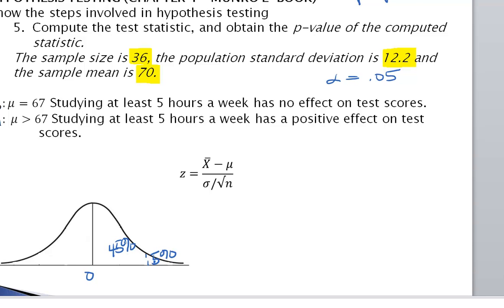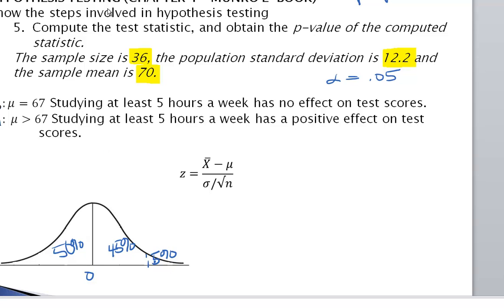Why do we know that? Because each side of the standard normal curve adds up to 50%, and the total would add up to 100%. That is good to know. Now, we can get right here what our z-score would be for this significance level.